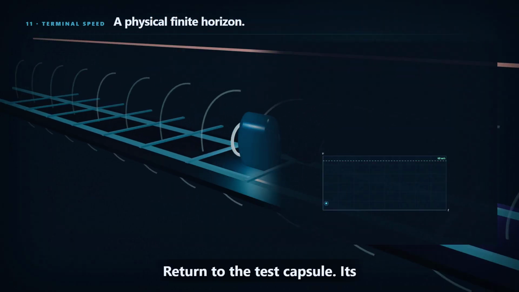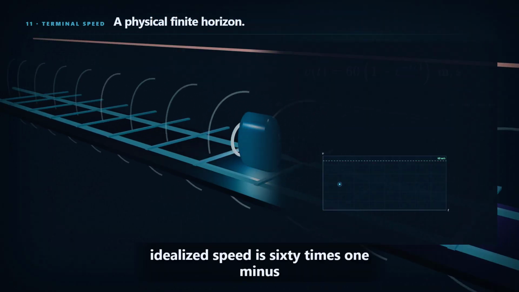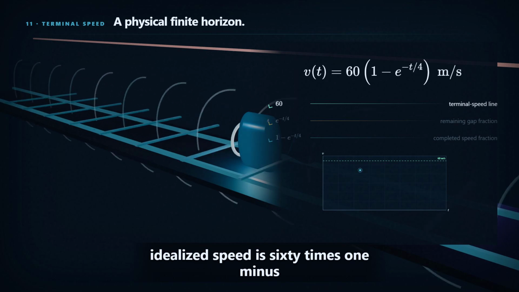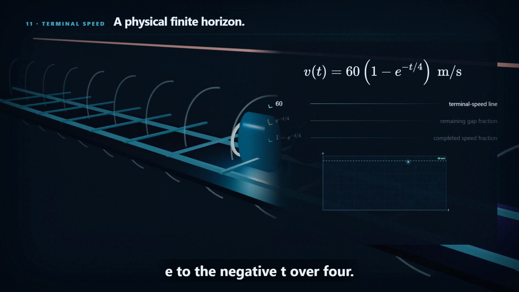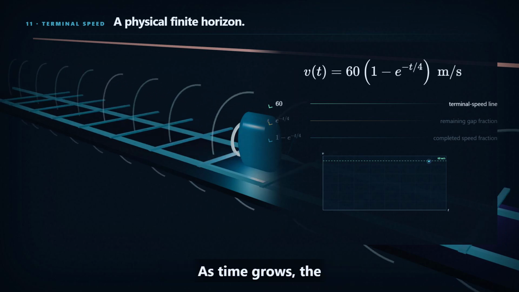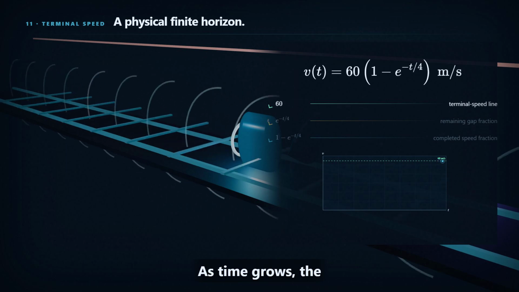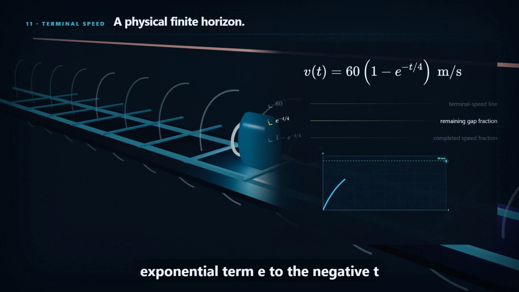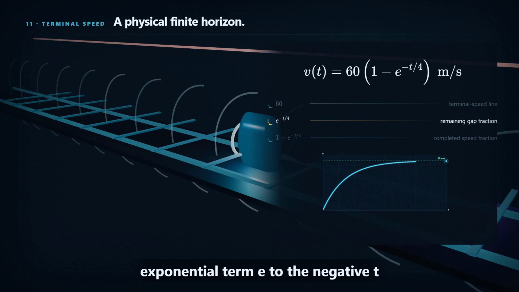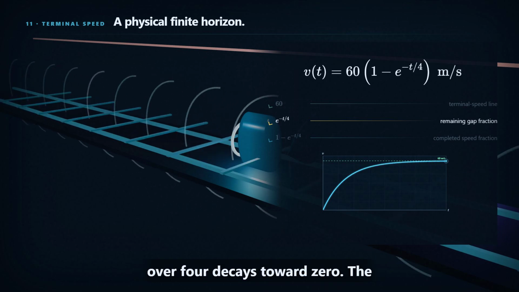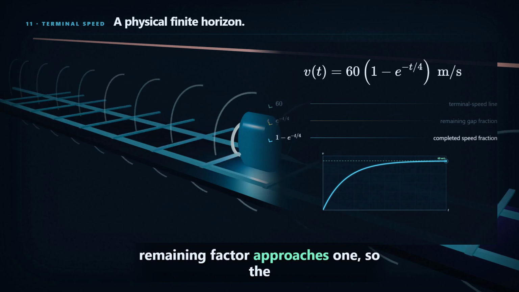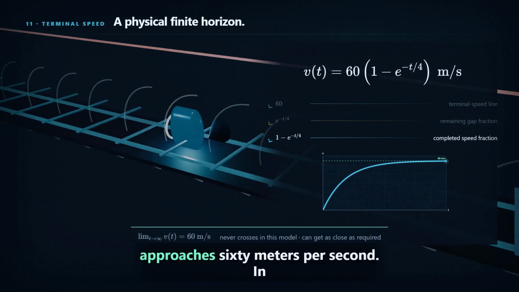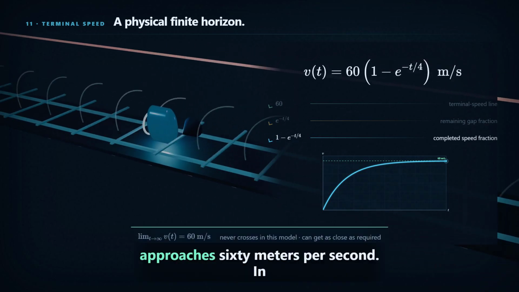Return to the test capsule. Its idealized speed is 60 times (1 minus e to the -t/4). As time grows, the exponential term e to the -t/4 decays towards 0. The remaining factor approaches 1, so the speed approaches 60 meters per second.